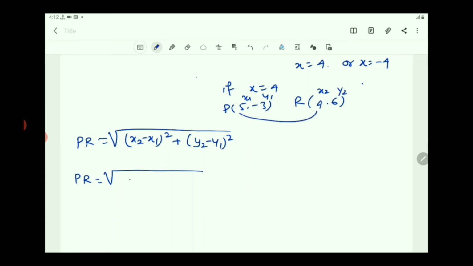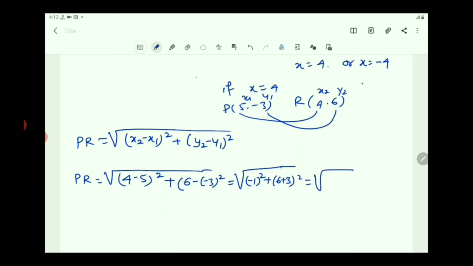So (4 minus 5) whole square plus y2 is 6, y1 is minus 3, (6 minus minus 3) whole square. Then you can write 4 minus 5 is minus 1 whole square plus 6 plus 3 whole square. Then it becomes 1 square plus 9 square, which equals 1 plus 81, that equals square root of 82. So we got PR equals square root of 82.